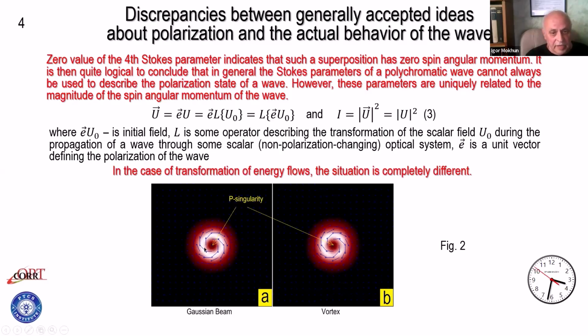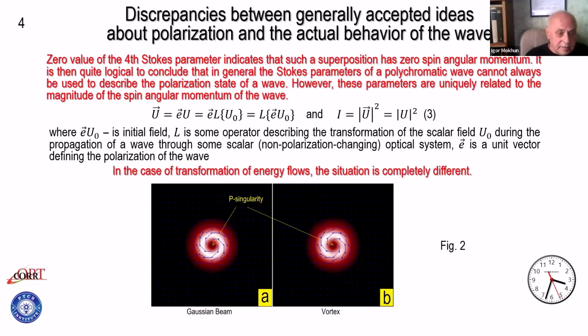It can be seen that such energy flows are practically identical in both cases. Such similarity, in our opinion, must lead to similar transformation of energy flows when such beams pass through the same system.